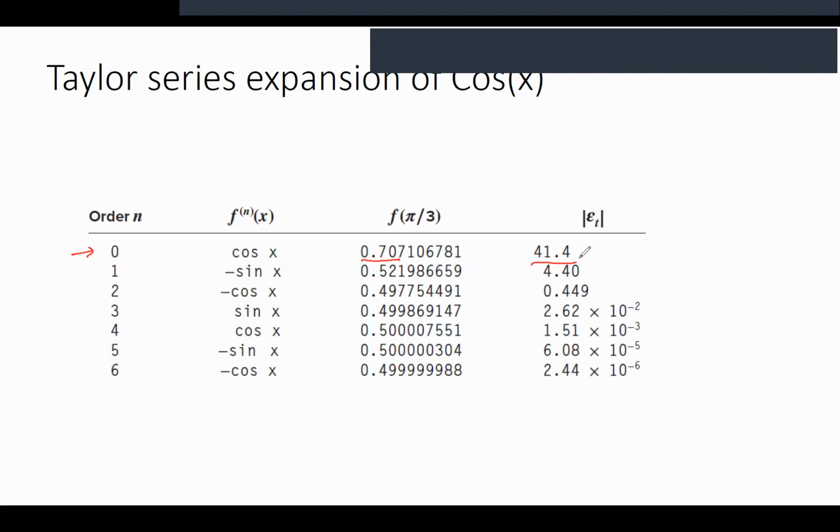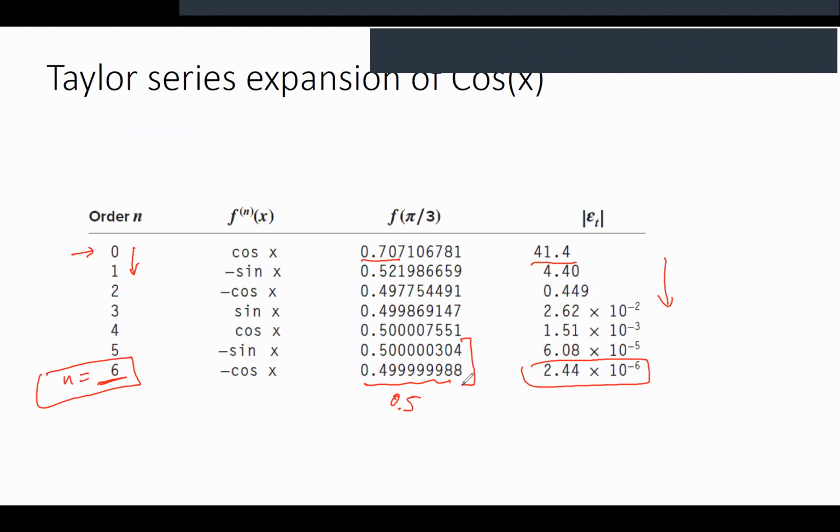When we increase the order, we reduce the error, and at the end, when we take n as 6, it gives us an error of 2.44 times 10 to the minus 6, which is, as you can see, very close to 0.5.